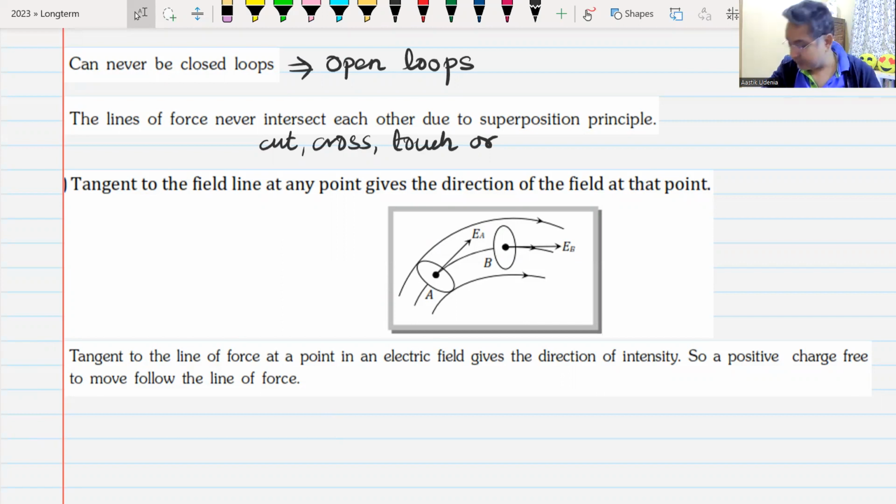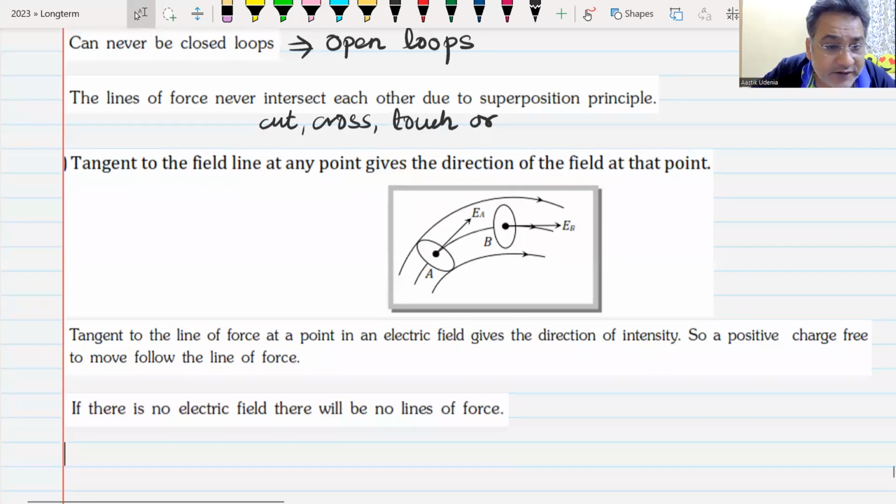Next point, first listen to all these points and I'll give you time to note them down. If there is no electric field, there will be no electric lines of force. Do we understand this? Yes, sir.